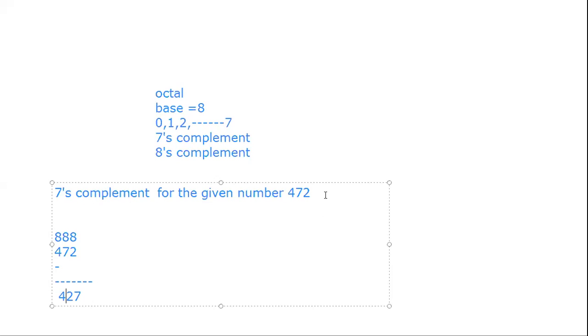How to get the 8's complement here? By adding 1 to the 7's complement.